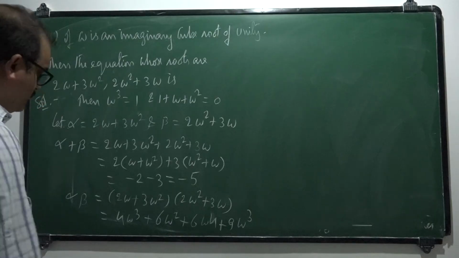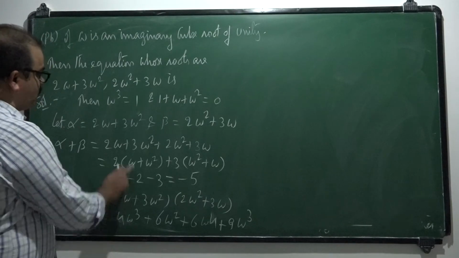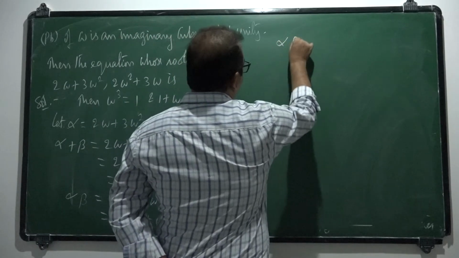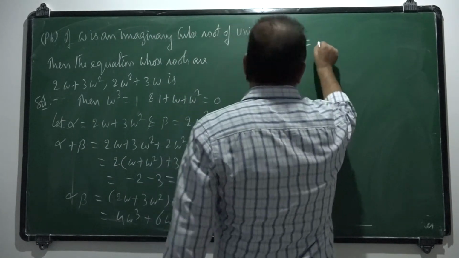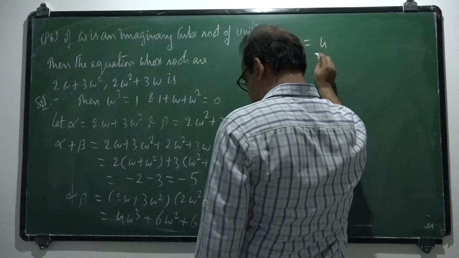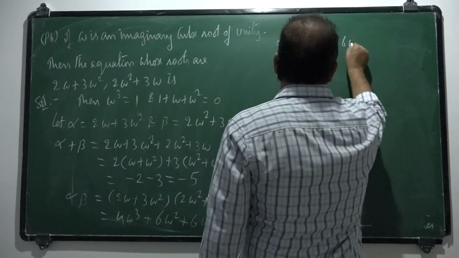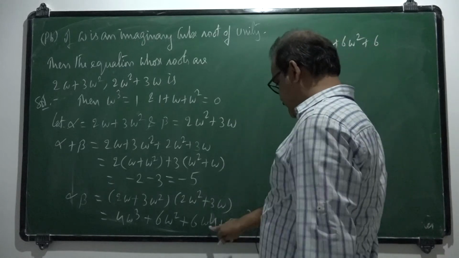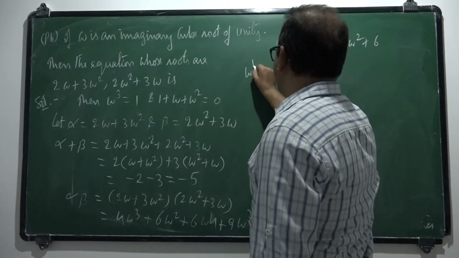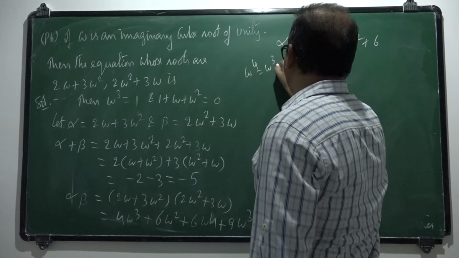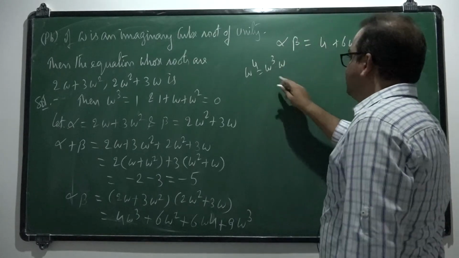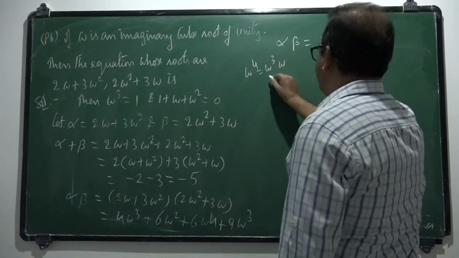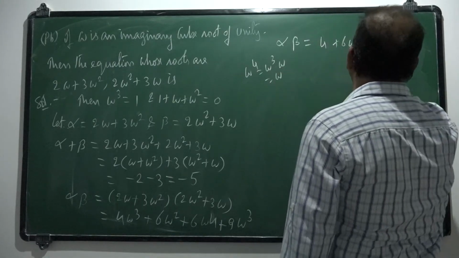We know omega cube value is 1. So alpha into beta is equal to 4 into omega cube 1 plus 6 into omega square plus 6 into omega power 4. This is taken as omega cube into omega, but omega cube is 1, so it is 1 into omega, that is omega.